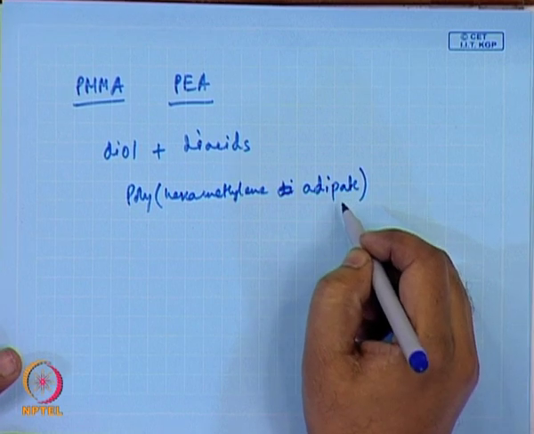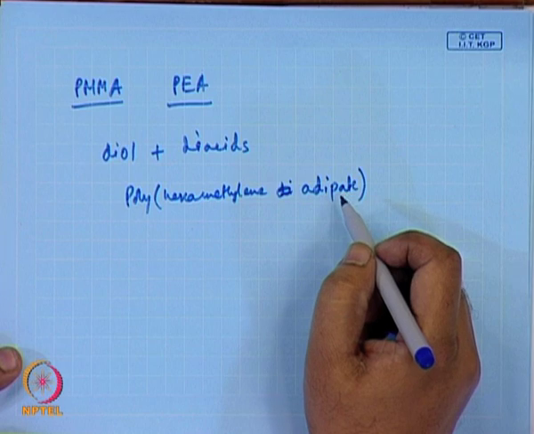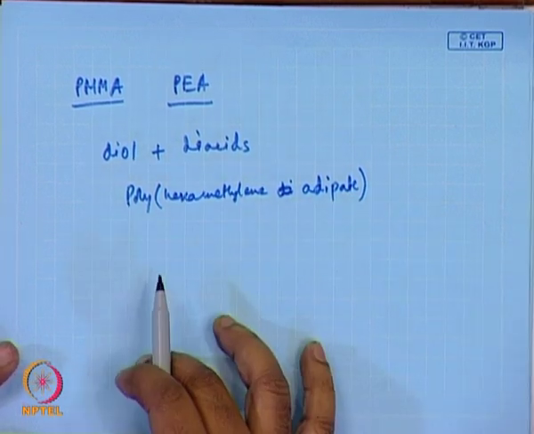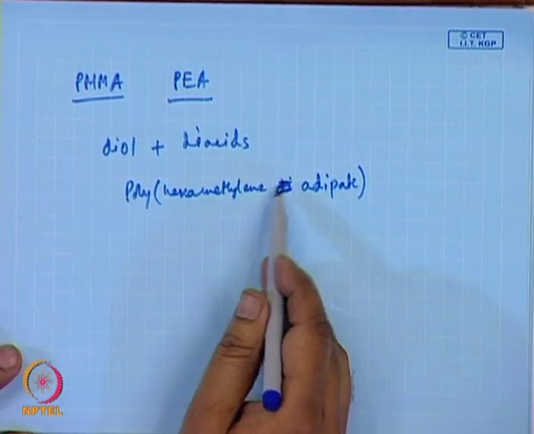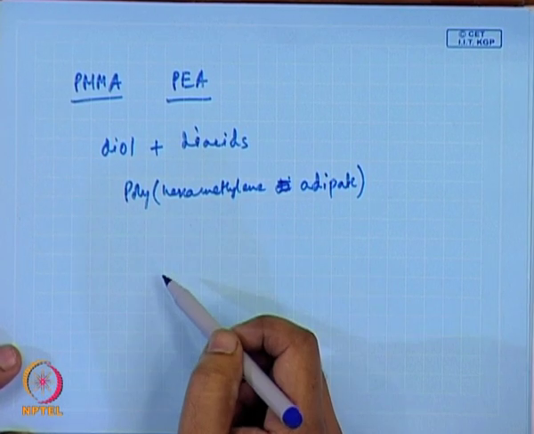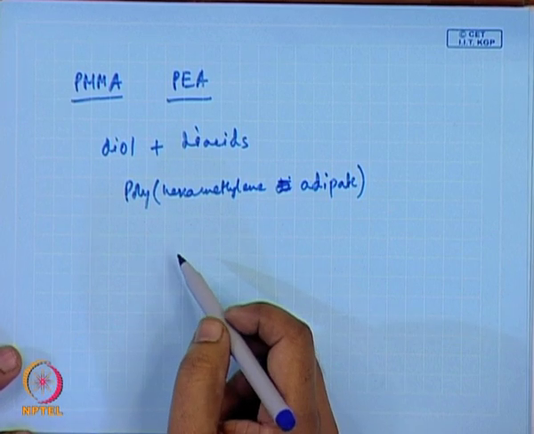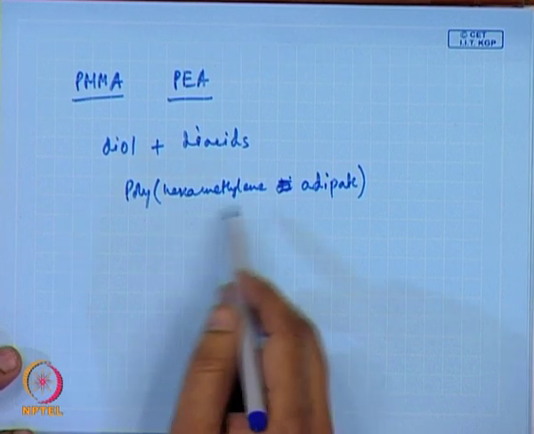We form this polyester. Now, we can get the same polyester by ring opening polymerization of cyclic lactones.